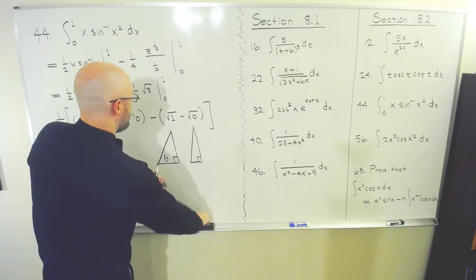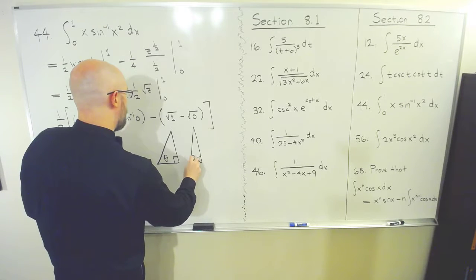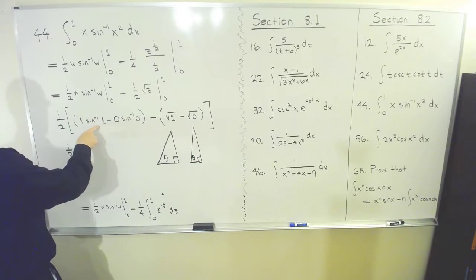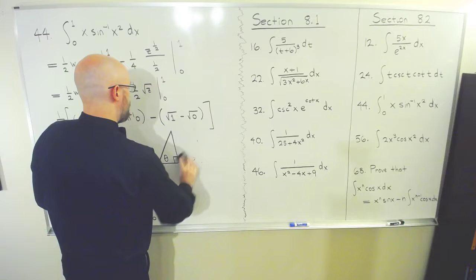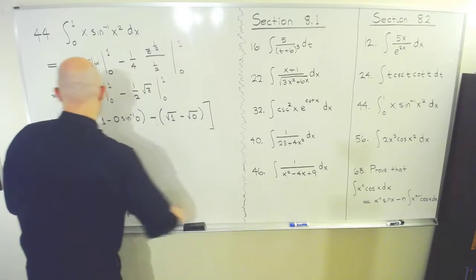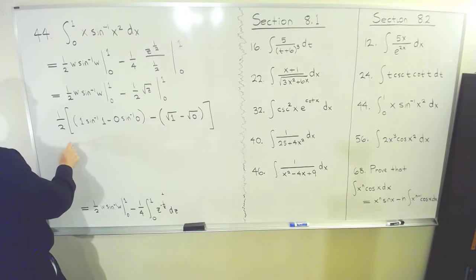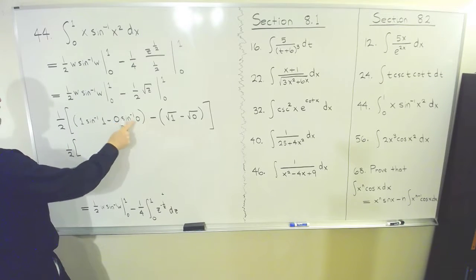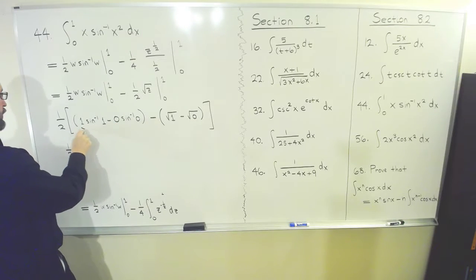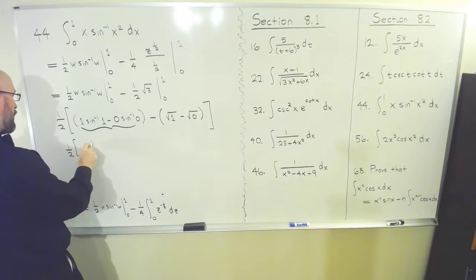So pi over 2 is the angle whose sine is 1. So inside here, I'm going to have just pi over 2, and then this 0 kills that. So all I'm left with from this whole thing here is pi over 2.